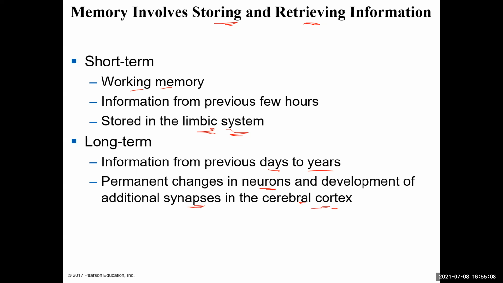So your brain is actually changing its neuron shape and the amount of synapse connections that you have when you're adding long-term storage, which is really interesting. That's the difference between short-term and long-term storage.